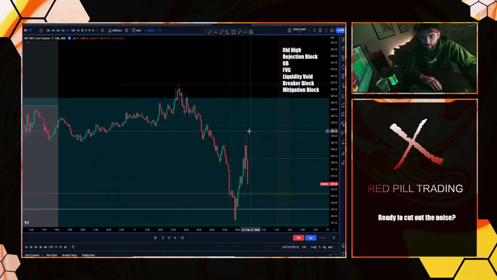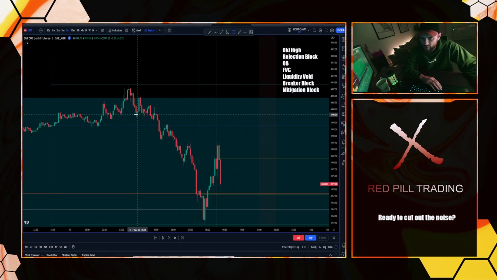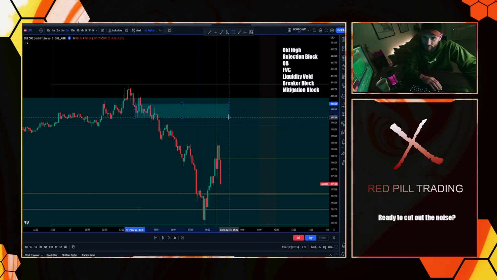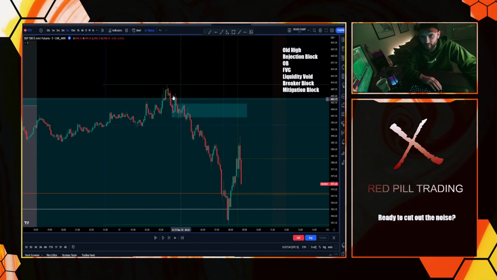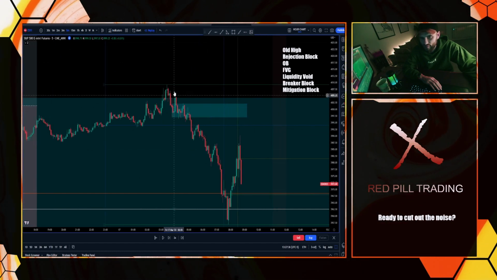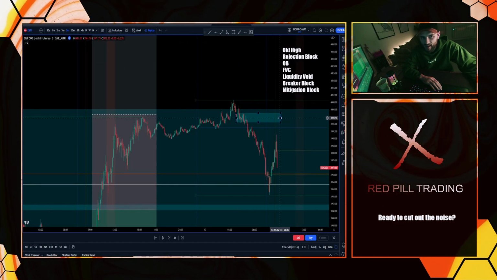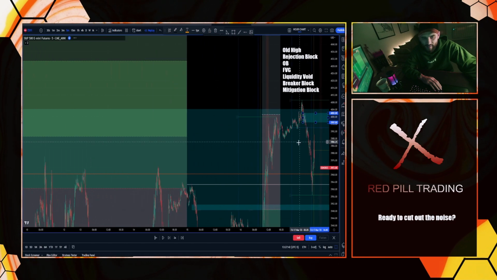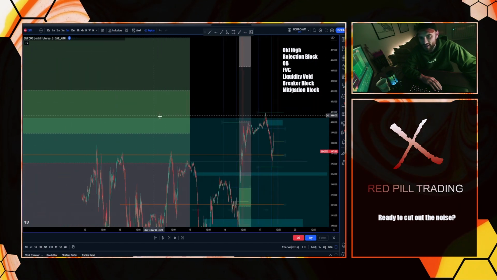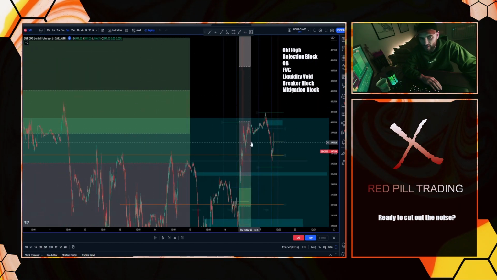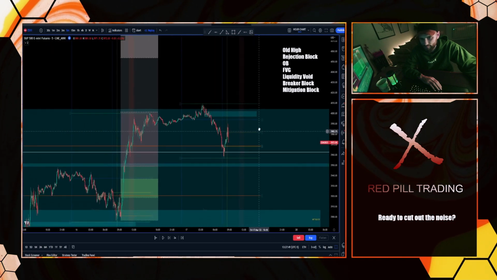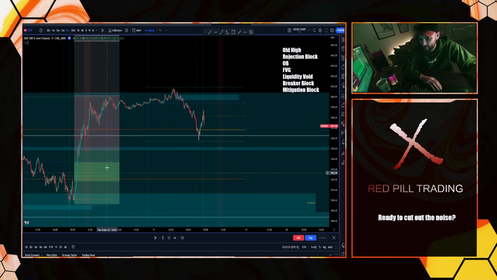What did we have form up here which could have framed your entry? Mitigation block, right? There's your mitigation block. The high, the low, the failed swing high broken through. This is your mitigation block. That is your line in the sand. Where is that mitigation block forming? It's forming inside of a premium of that higher time frame. Where is price likely to draw back into?